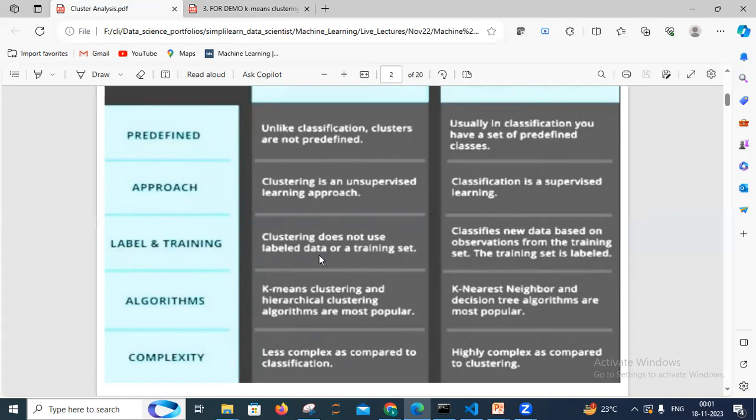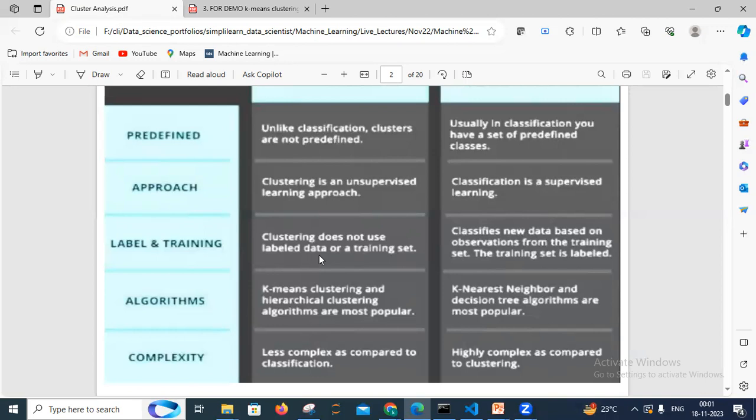I repeatedly told these things, right? The popular algorithms are k-means clustering and hierarchical clustering, the dendrogram hierarchical cluster, right? And in this problem statement we have to create an optimized k-means clustering. K-nearest neighbor and decision tree are the most popular classification algorithms.